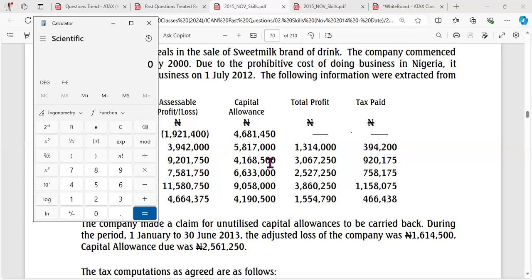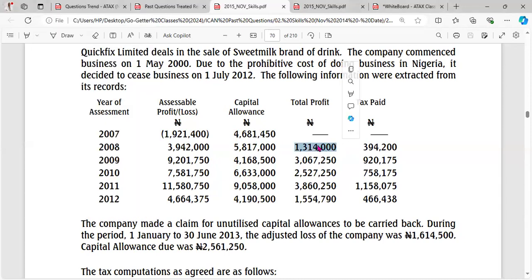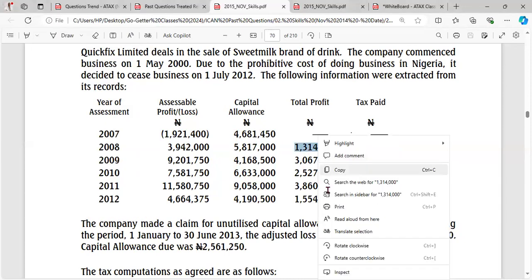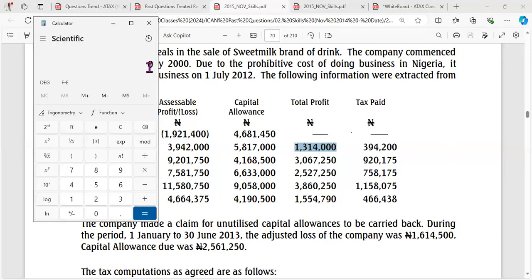In the first instance, I did something like this. I said 131,400 multiplied by 0.3 gave us our tax payable.